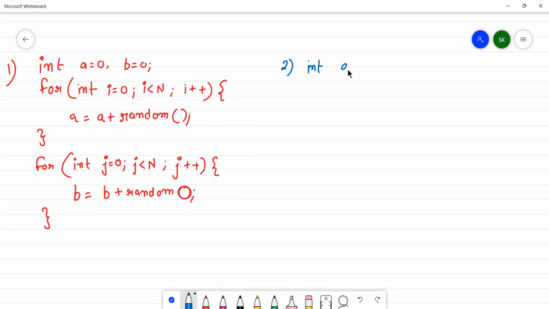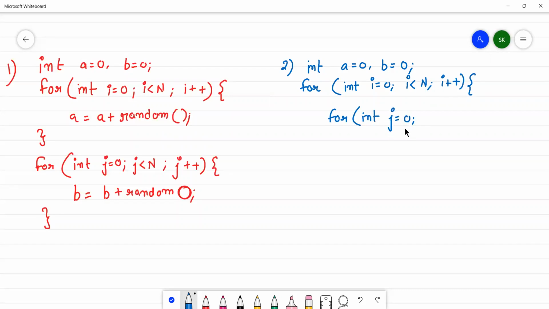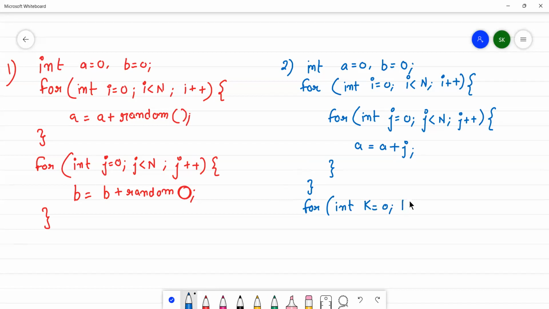I hope you all have understood the first question easily and you all can tell me the time complexity for that. Everyone, did you take the screenshot?